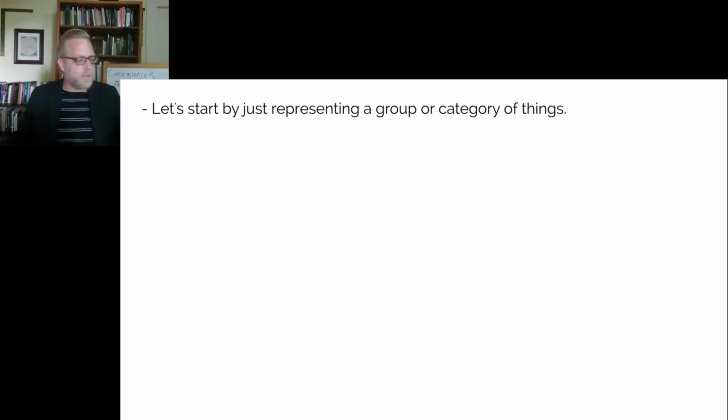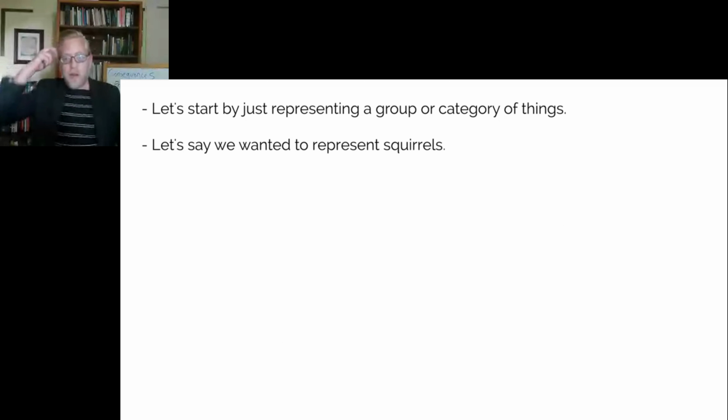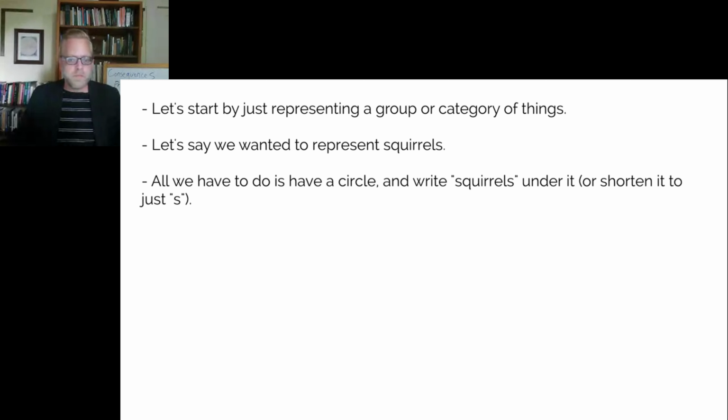So let's start really simple. Let's say we're not making a categorical statement. We're just talking about a group of things, a category, a club, the Squirrel Club. Well, all you need to do is just this. Make a circle, write the name of the category underneath it. That's it. And now you've represented squirrels. And notice you don't have to put anything into the circle.